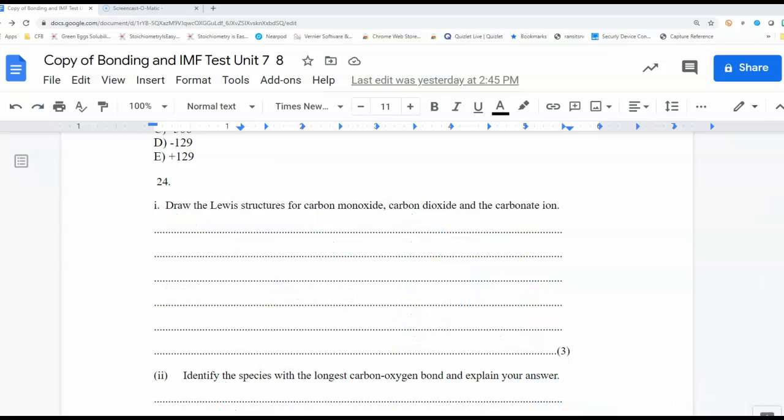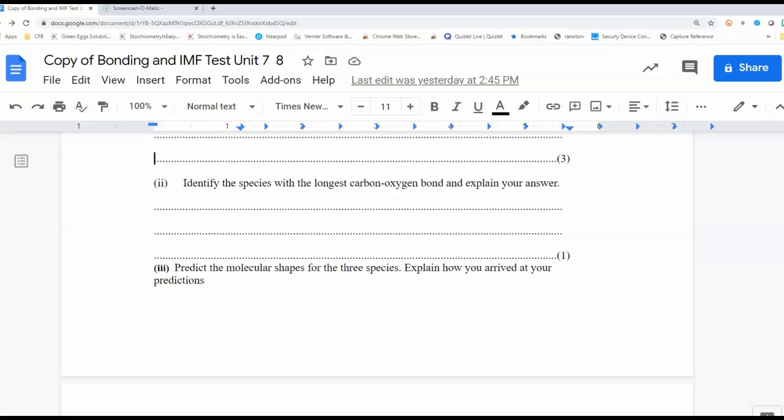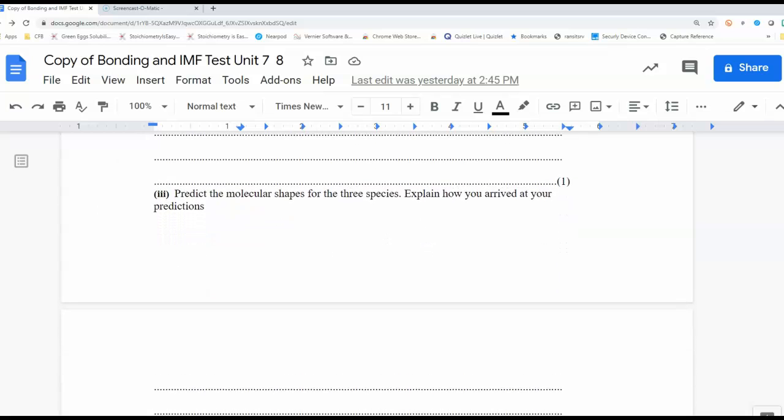Okay, so here we go. All right, so next, predict the molecular shapes for the 3 species. Explain how you arrived at your predictions. Okay, so predicting the molecular shapes for this one, and this one.